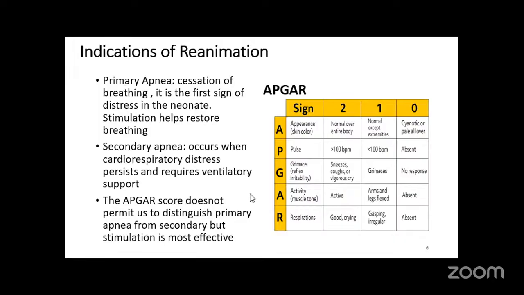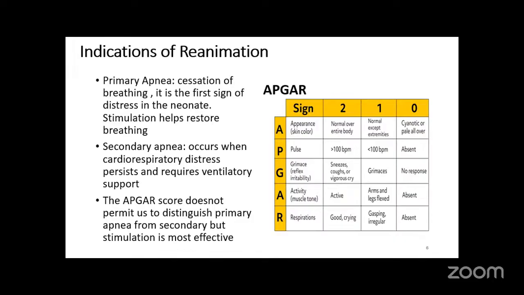So here we are going to be seeing some indications of reanimation in neonates. Naturally, at birth, there's what we call primary apnea. This is just a cessation of breathing for a few seconds, and it is a sign of distress in neonates. Generally, after stimulus, by rubbing the back and flicking the feet, the neonate is able to pick up on his own and start breathing.